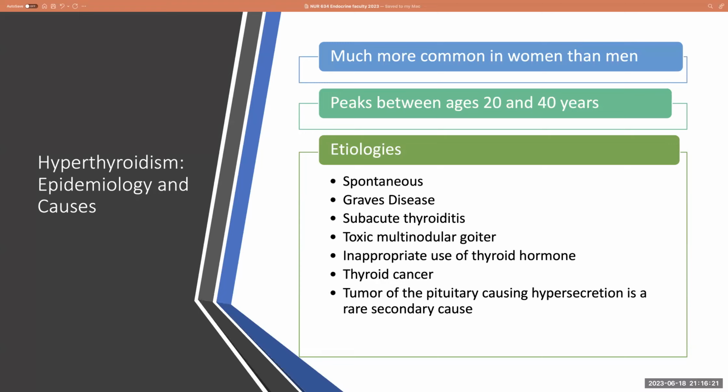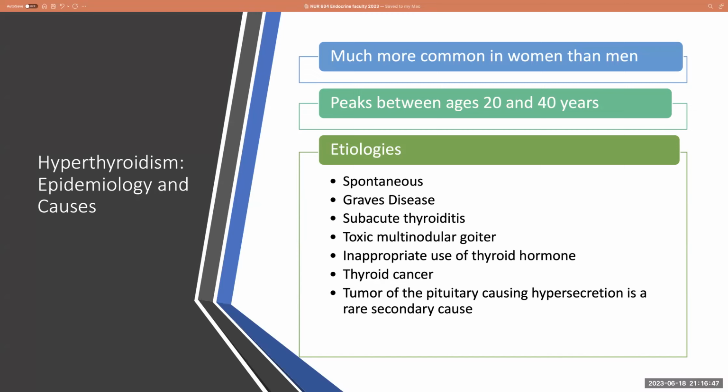I just want to go back a little bit to talking about the labs here, just as a reminder. When you're looking at a TSH, remember, your pituitary is what produces TSH. TSH, thyroid stimulating hormone, is stimulating your thyroid gland to produce thyroid hormone.